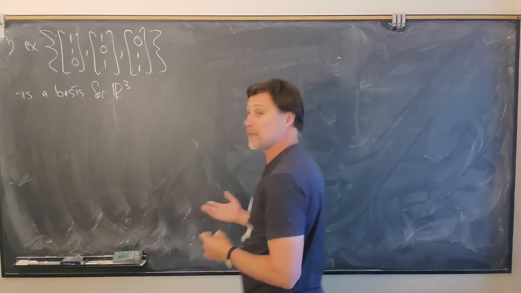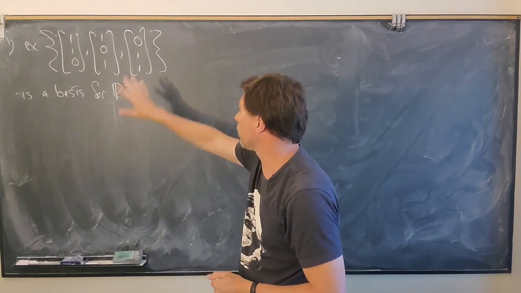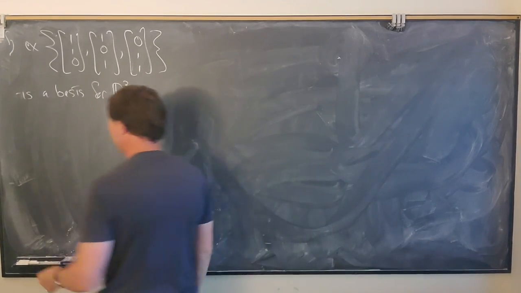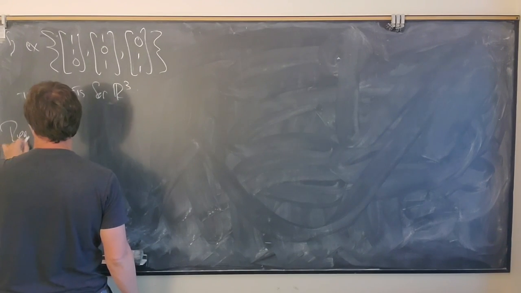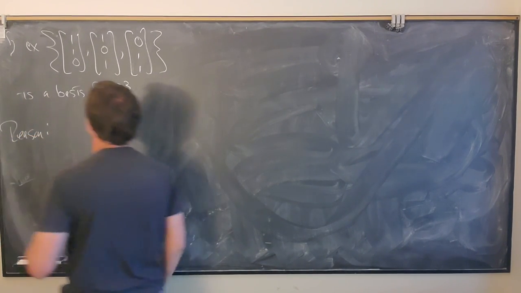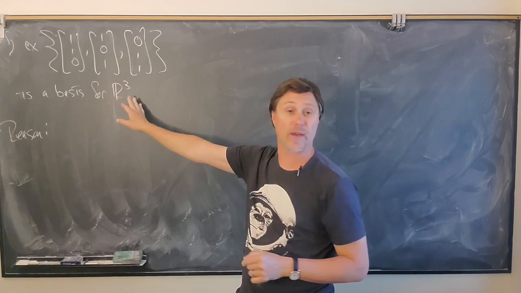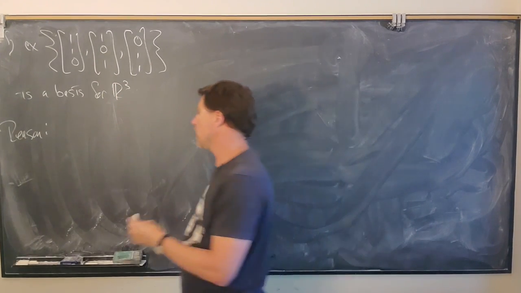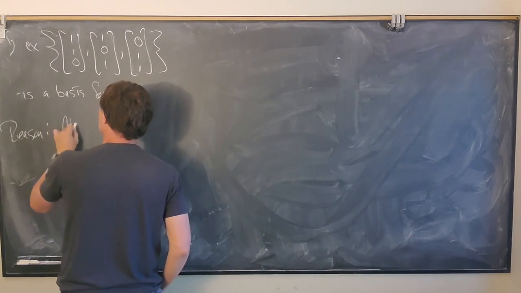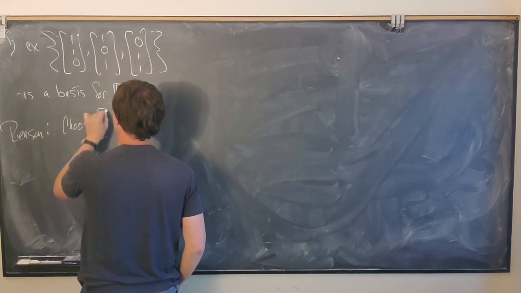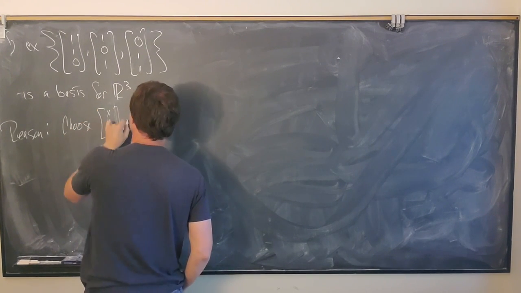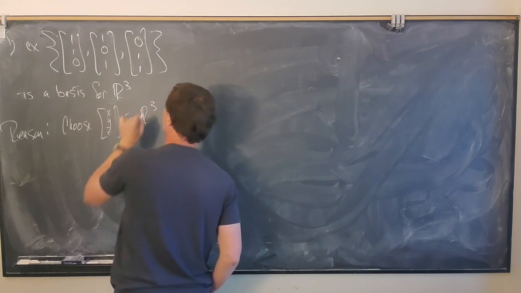To verify this, I need to show that we're looking right here at a linearly independent spanning set. So let's reason. And what I'm going to do first is show that the span of those 3 vectors is actually equal to R3. So that means that I want to choose an arbitrary vector. I'm going to call it x, y, z in R3.